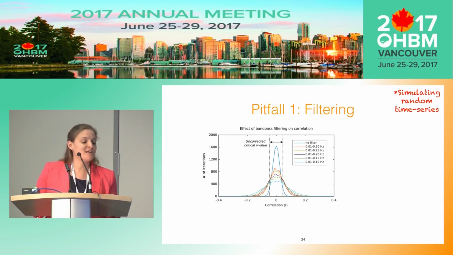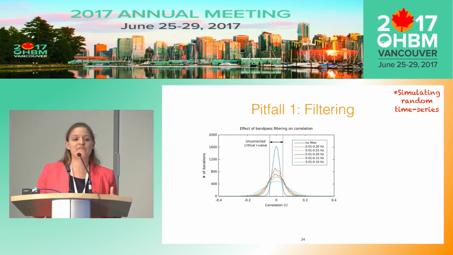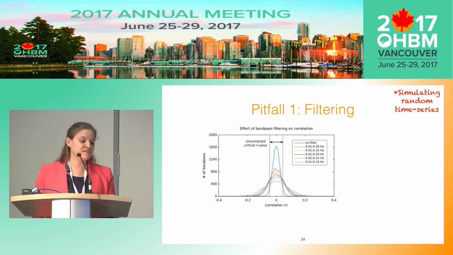The dashed vertical lines are the threshold of p less than 0.05. That's your critical R value. And yes, about 5% of the time, you're going to exceed this critical value and think you have significant correlation when you know these were just randomly generated time series. That's what we've come to expect. And as you filter the data, what you see is that this distribution broadens, and you're going to artificially inflate your correlation values by filtering.